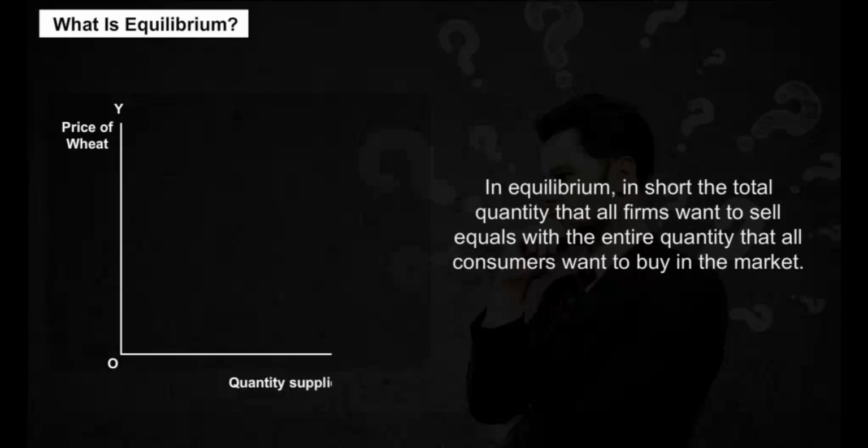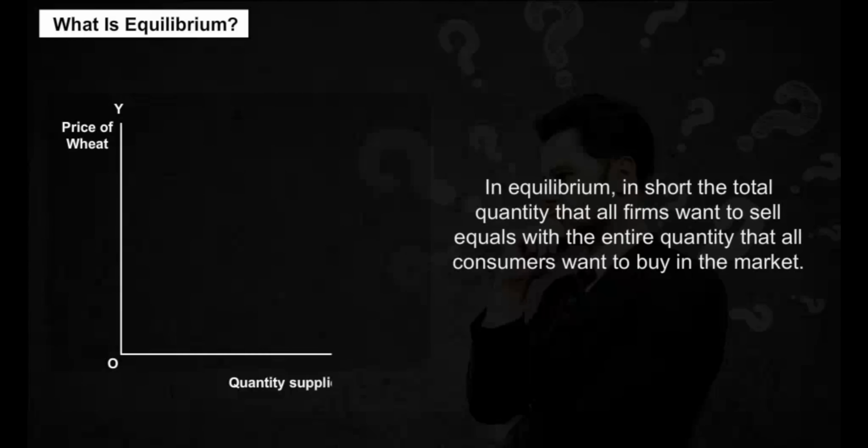In this regard, it becomes the perfect match between the plans of the consumers and firms in the market. Eventually, the equilibrium price signifies the price fixed at the point of equilibrium, and the specific quantity being bought and sold is called the equilibrium quantity.